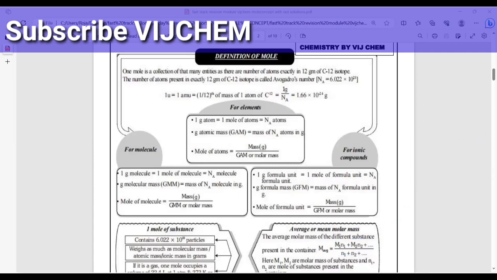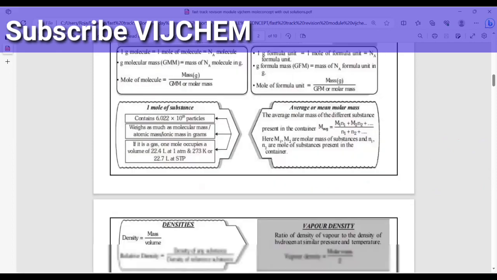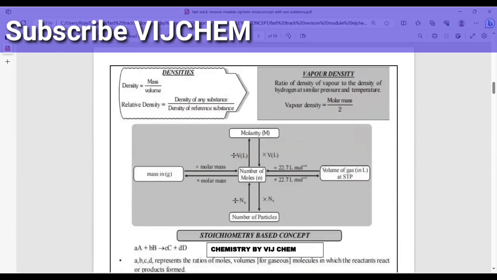Now let's see the next one. Okay, so here again, when you are given the molecular formula and you have to find the empirical formula, you should know that vapor density is equal to molecular mass by 2.